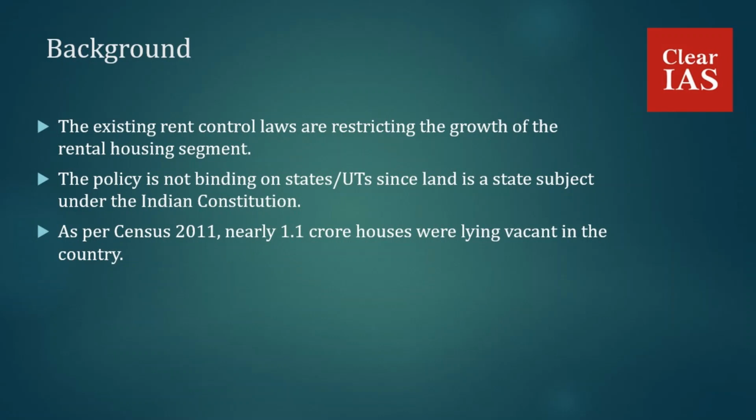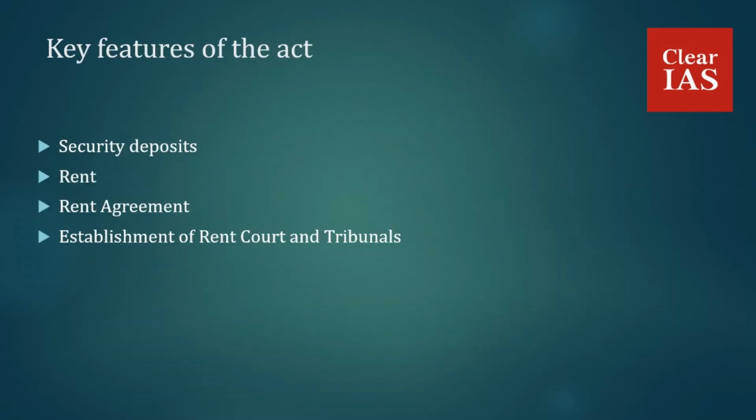We'll now discuss the key features of the act. The new Model Tenancy Act first of all aims to cap the security deposit at 2 months' rent for housing and 1 month's rent for other properties. However, this cap may hurt landlords in cities where much larger security deposits have been the norm.